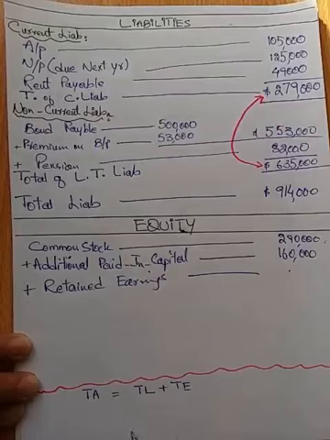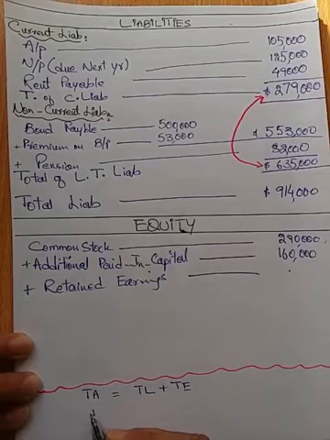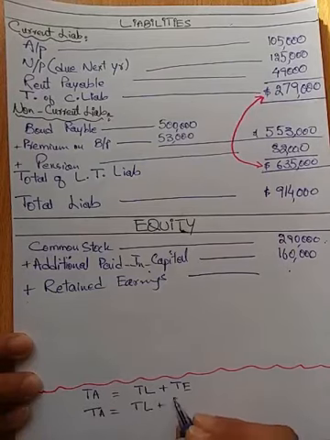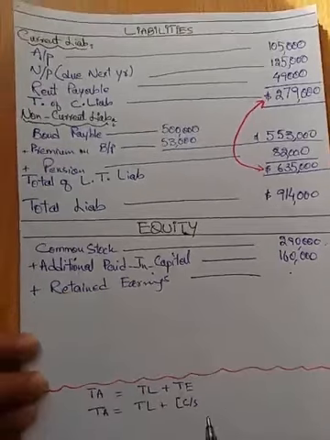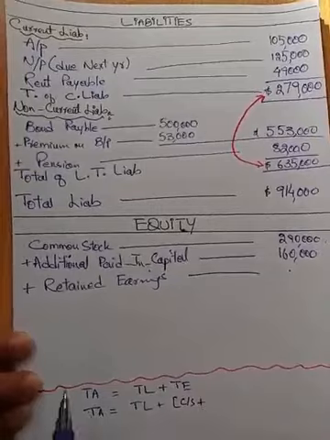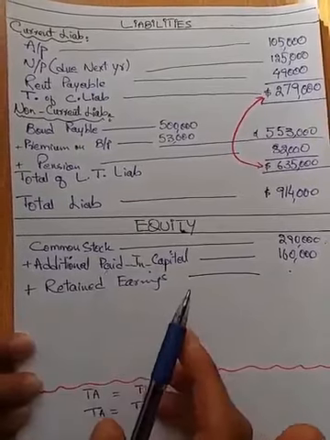I will reshuffle these things and write it like this: total of the asset is equal to total of the liability plus common stock, plus paid in capital.